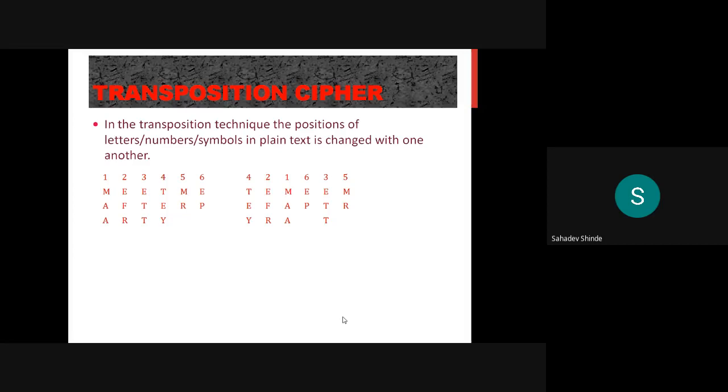So the message "meet me after toga party" is written row-wise in the first matrix, and into the second matrix we have written it column-wise. This is the "meet me after toga party" example.